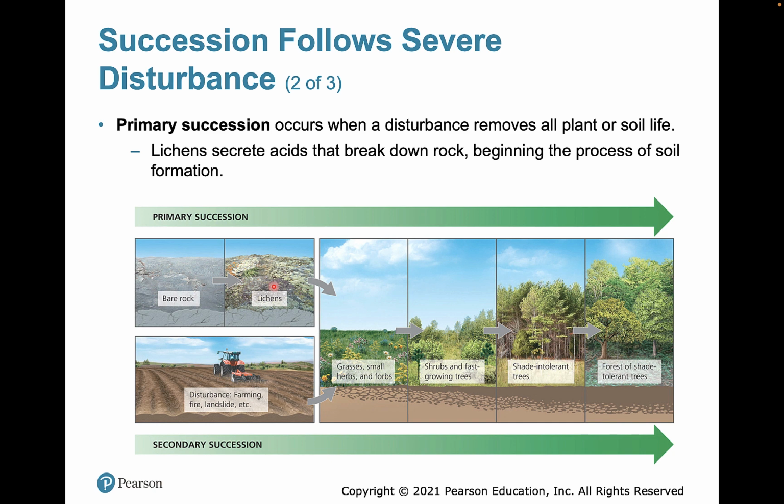They break it down with acids and stuff that start the process of soil formation. These lichens are going to die, right? And then start to decompose and really allow soil production to take place, okay? And then your early pioneer species are going to wind up developing through primary succession to be this climax community, okay?